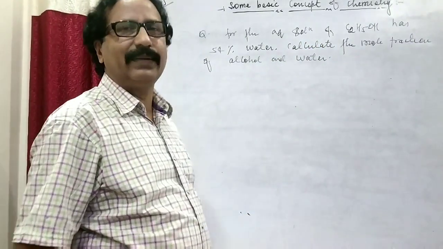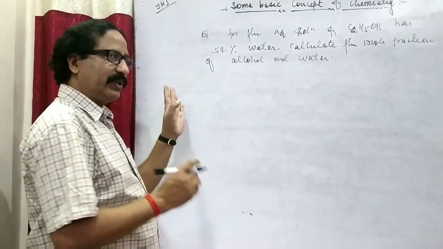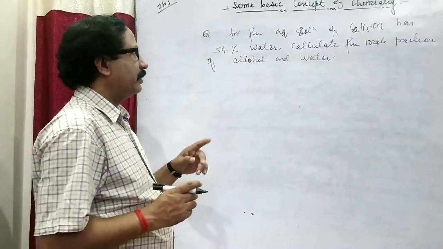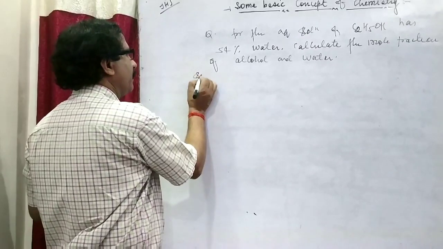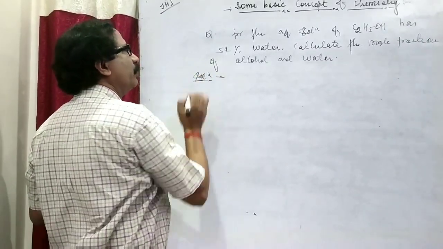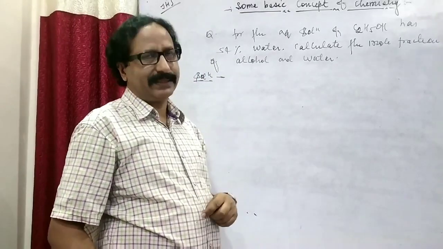The question is given in front of you. In this numerical, C2H5OH is solute and water is solvent.